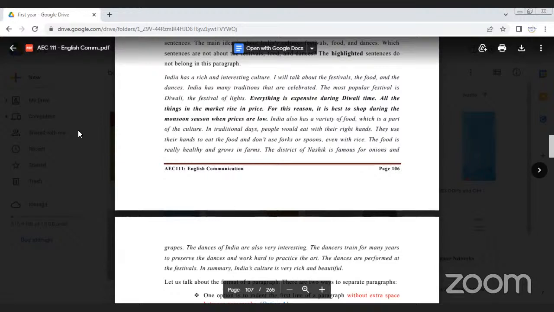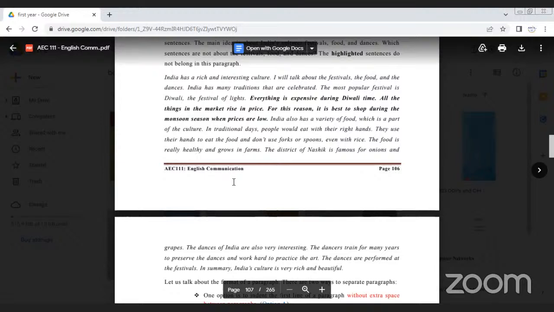India also has a variety of food which is a part of the culture. In traditional days, people would eat with their right hands. They use their hands to eat the food and don't use forks and spoons, even with rice. The food is really healthy and grows on a farm.